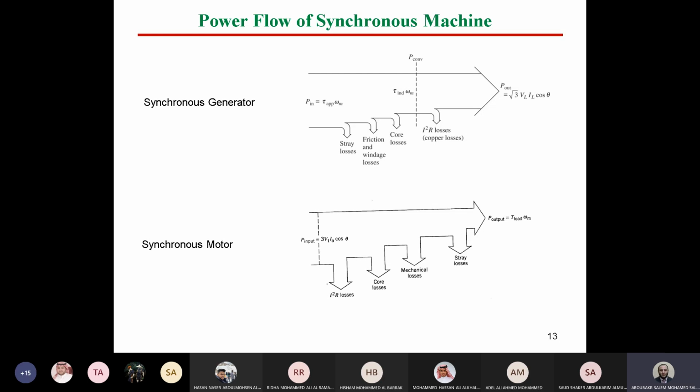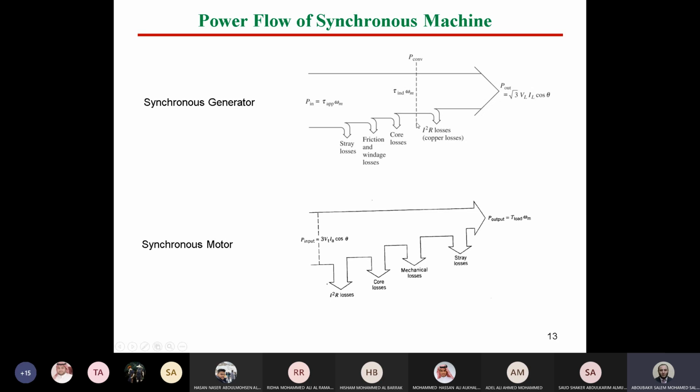For the power flow of a synchronous machine, we can have either generator or motor. For a generator, of course, it is supplied by mechanical power by means of a prime mover. So we have input mechanical power, torque multiplied by omega, and we will have some internal losses of the machine, like stray losses, friction and windage losses, and core losses, and we have converted power.